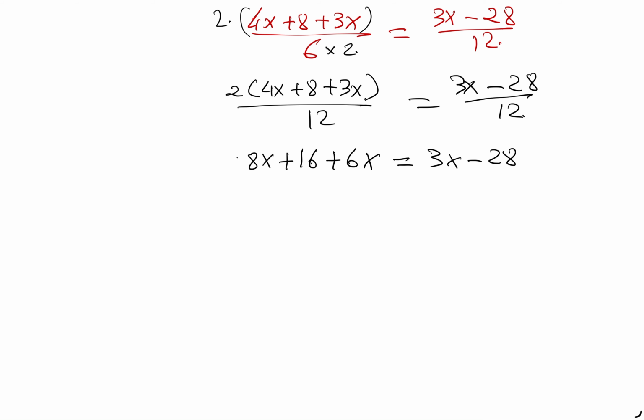So now I can move all the x to the left side and all the real numbers to the right side. So I have 8x plus 6x minus 3x is equal to negative 28 minus 16.